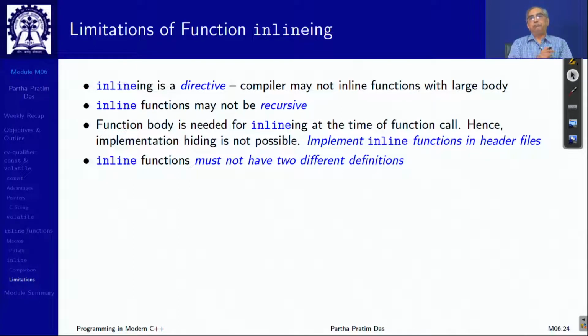So, it's a compiler directive. Compiler makes a judgment on that, and always implement the inline functions in the header, so that you do not have two different definitions of the inline functions. Do not implement inline functions in the source file, because the compiler needs to know the code when the function is called. Just knowing the signature will not work. Right?